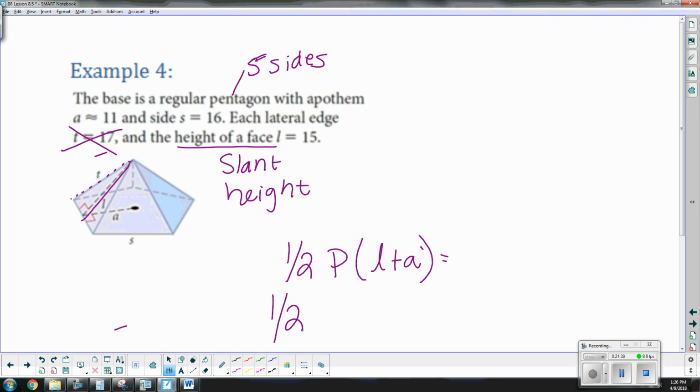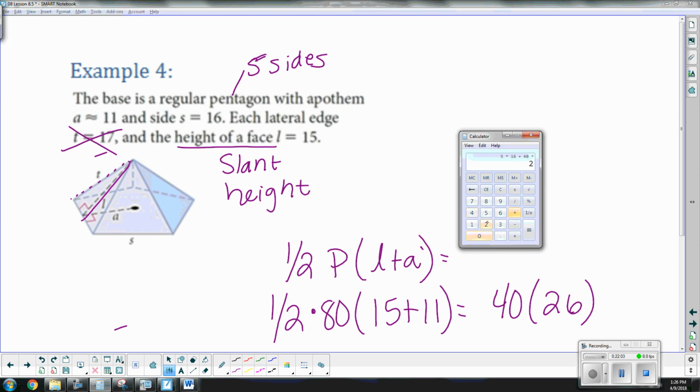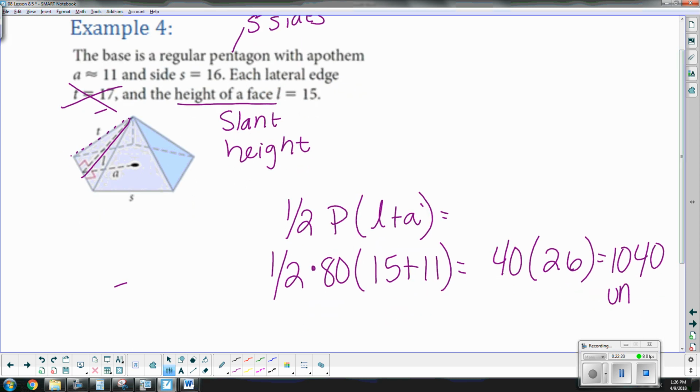So we have 1/2 times 80 times our slant height, which is 15, plus our apothem, which is 11. So 1/2 of 80 is 40. 40 times 26. That's going to be our surface area. 40 times 26 is equal to 1040. And we don't have units, so we'll just say units squared.